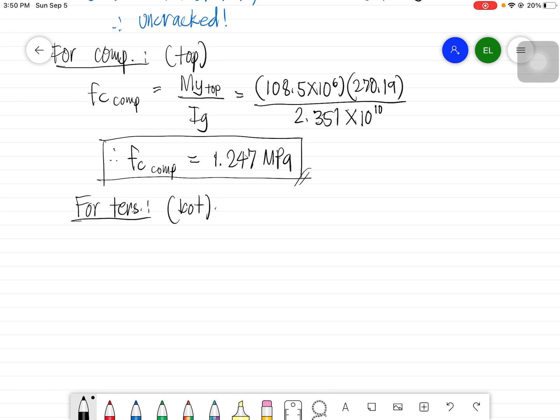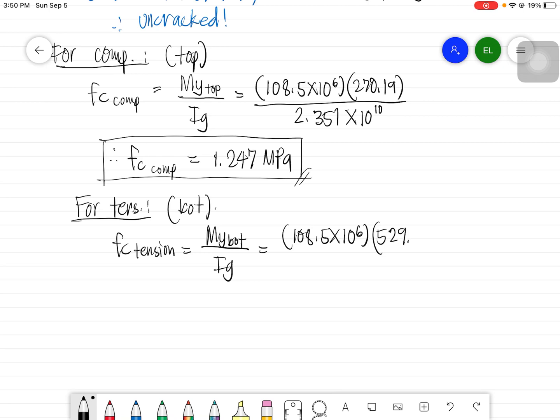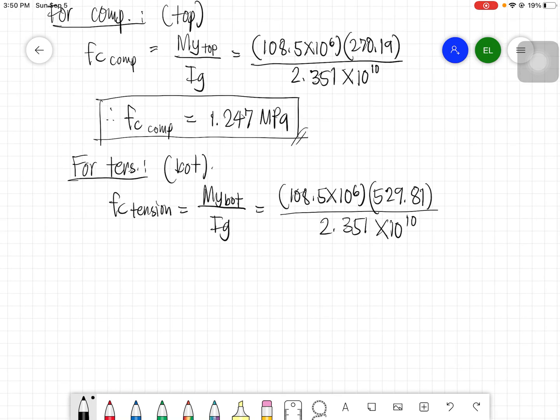For tension, fc tension is equal to M y bottom over Ig, which is 108.5 times 10 raised to 6, then over 529.81, then over 2.351 times 10 raised to 10.